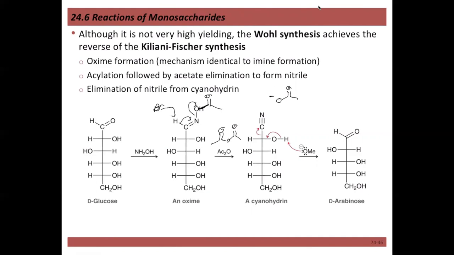So the key is you convert that oxime into this ester-like compound, and then when you mix it with the base, you kick off that ester, and that's how you get the nitrile. And then finally, when we keep it in base, it will reverse the reaction of the cyanohydrin, and we get back our carbonyl, and we've shortened the chain by 1.